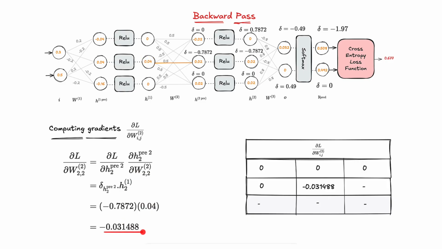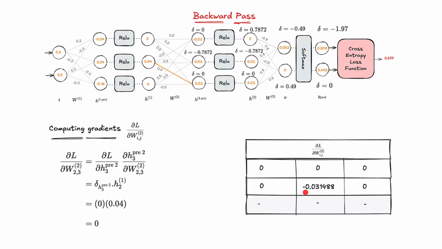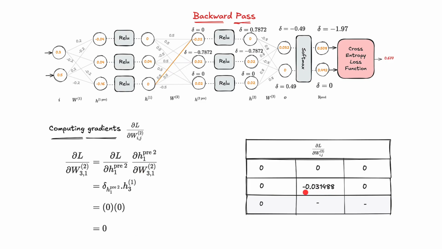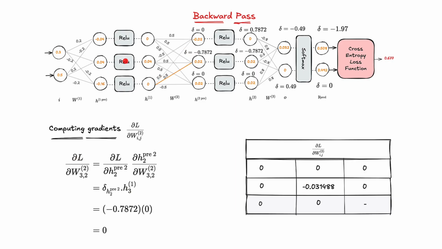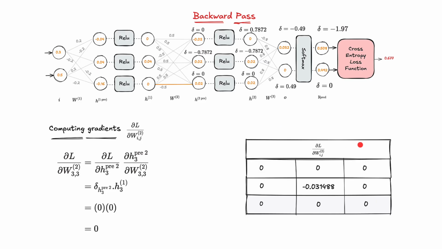You get this negative 0.03488 right over here. And in the other cases, you can just keep multiplying by 0 because either the input is 0 or the gradient is 0. And so we get this table over here, which again we append to our gradient vector calculation. This is a part of our gradient vector.